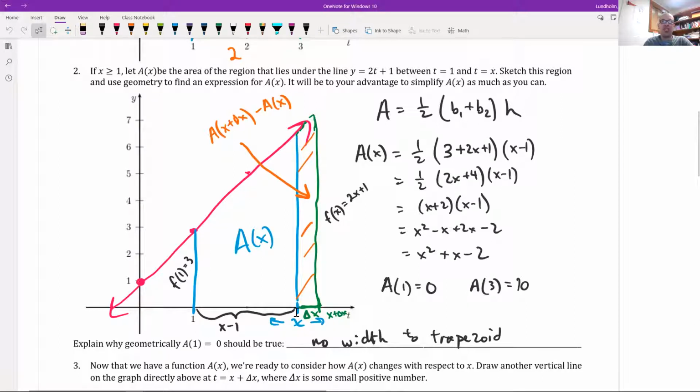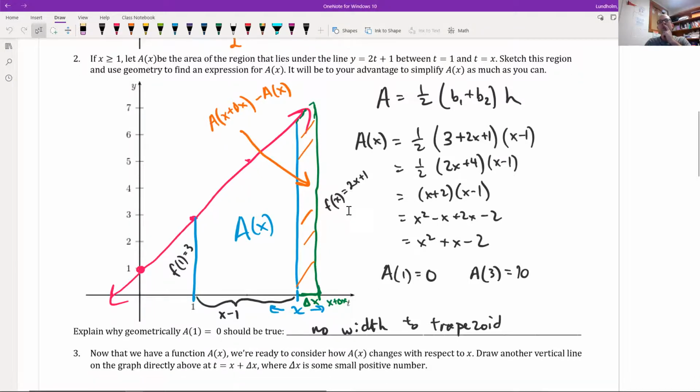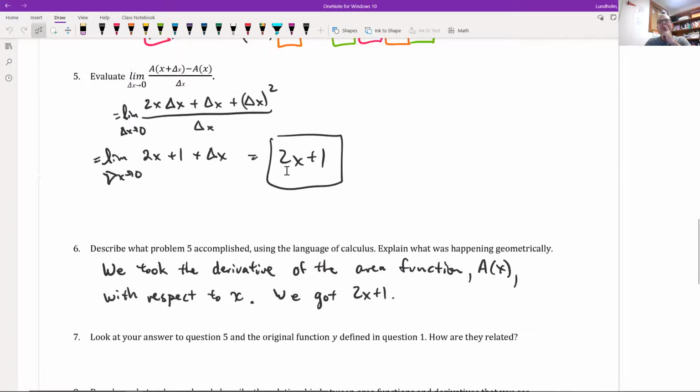Interesting. We're really just getting the height of that second boundary. 2x plus 1, 2x plus 1.